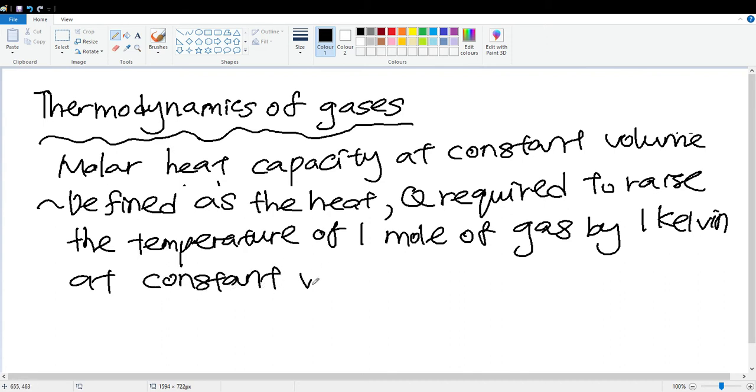This is the definition of molar heat capacity at constant volume.